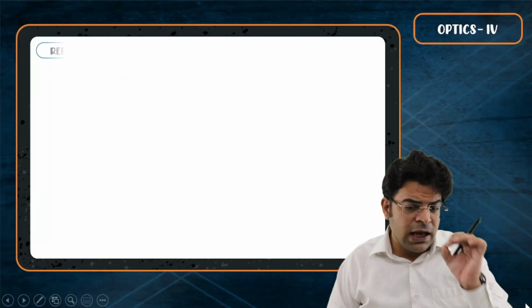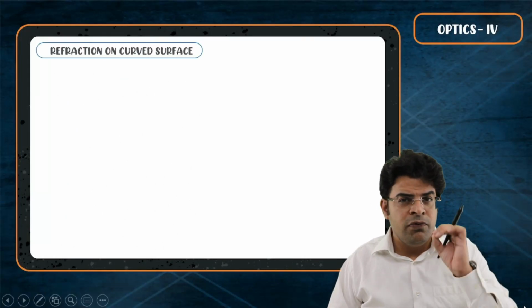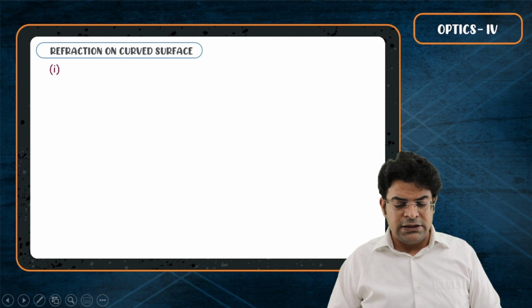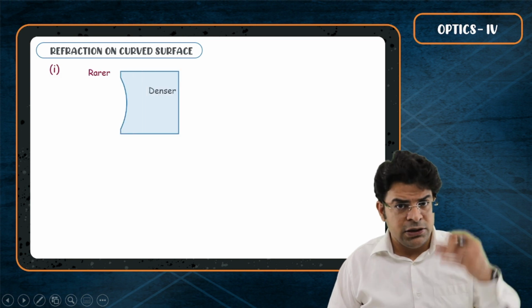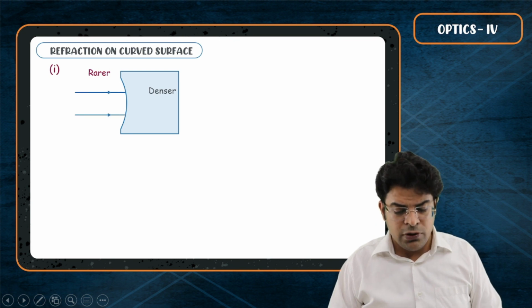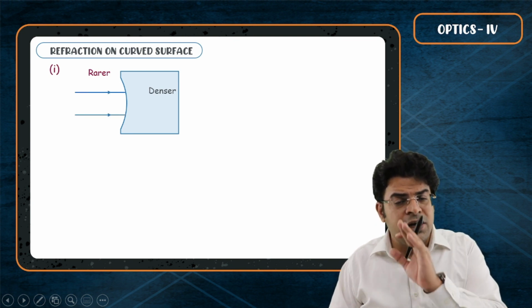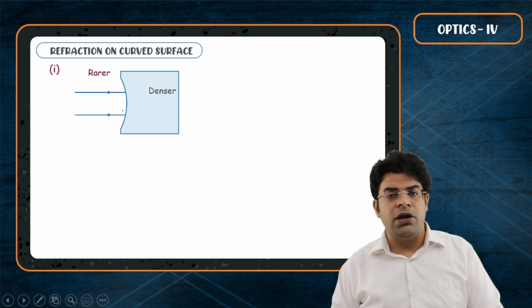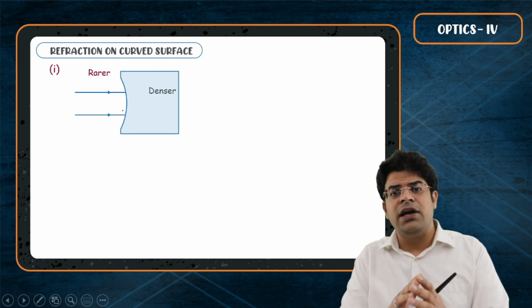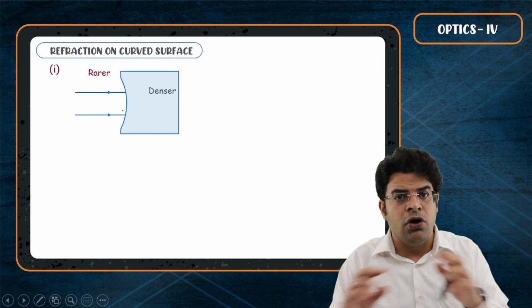So, in the last hour, towards the very end, we learned this thing that let's say you have got this case that a ray of light is moving parallel in the rarer medium. It tries to enter into denser medium and the surface here is curved. And I asked you a question, once these rays enter into the denser medium, they will get converged or diverged.